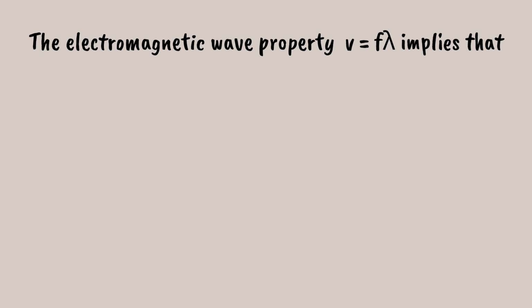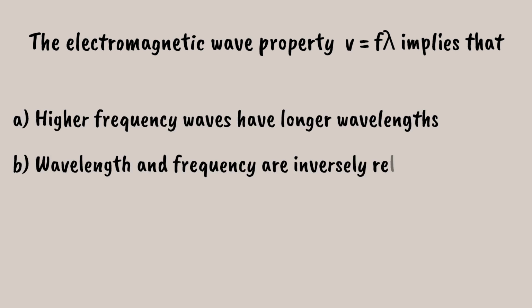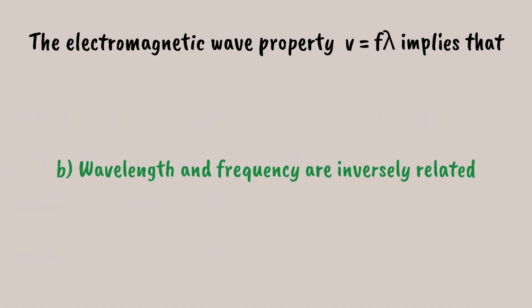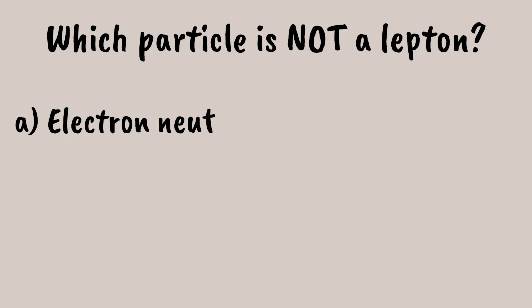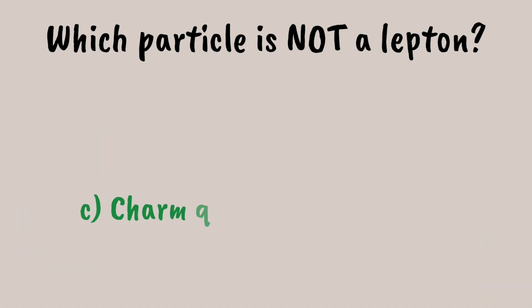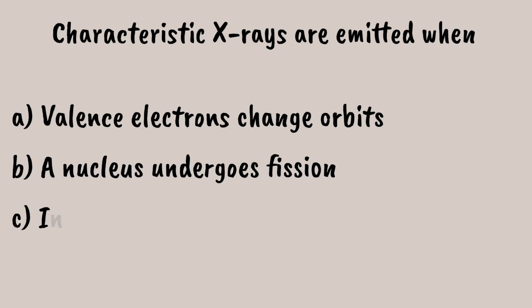The electromagnetic wave property velocity equals frequency times lambda implies that. Which particle is not a lepton? Characteristic X-rays are emitted when.